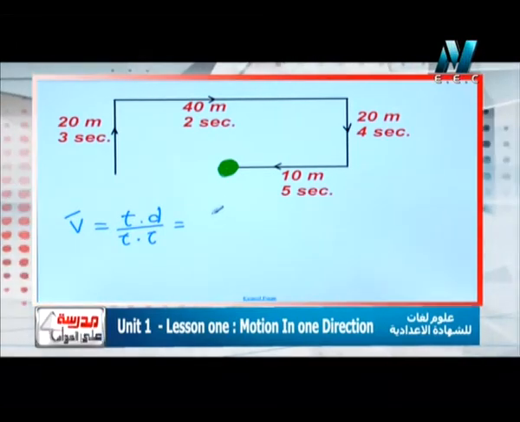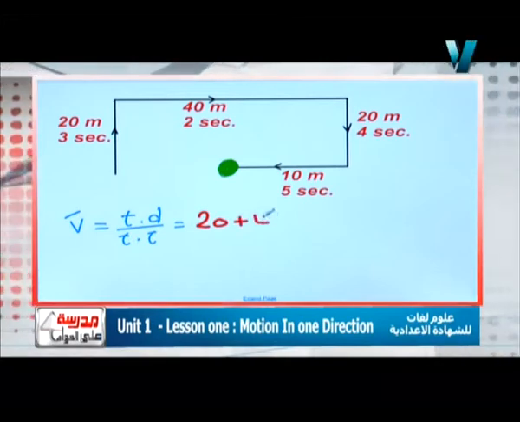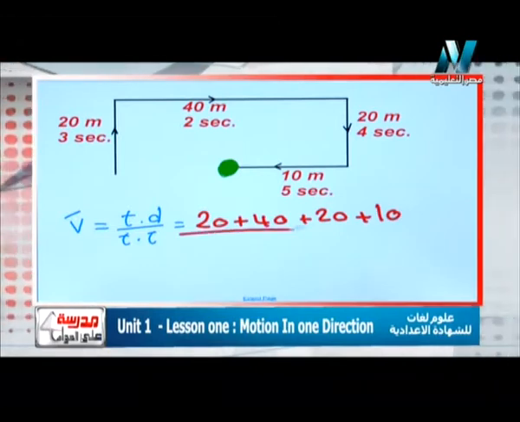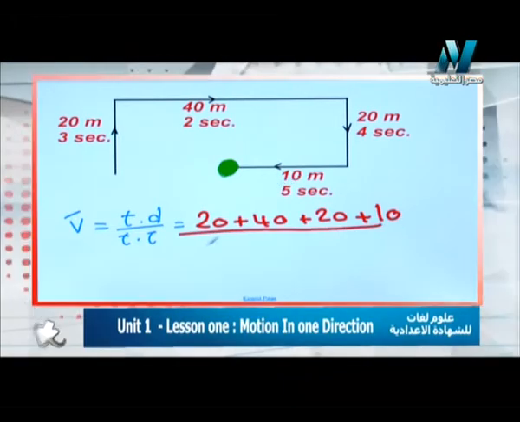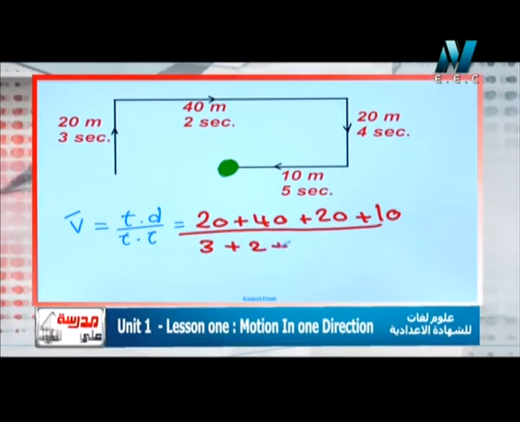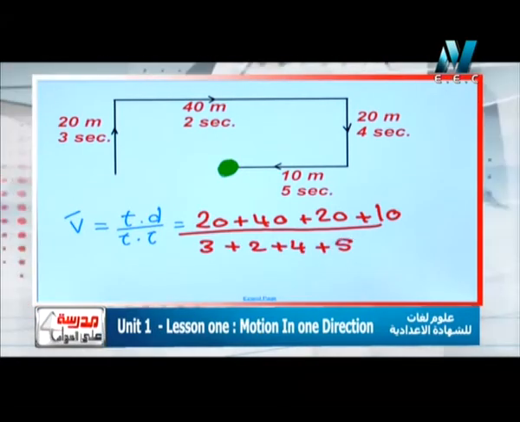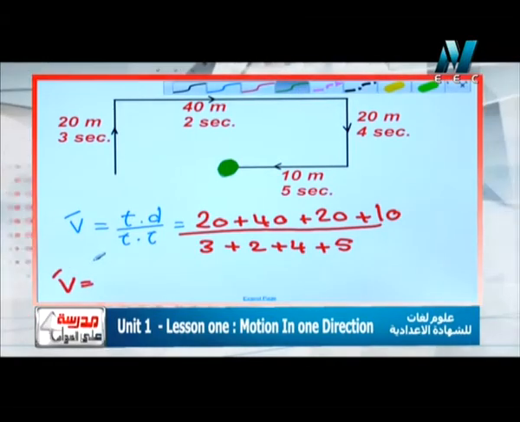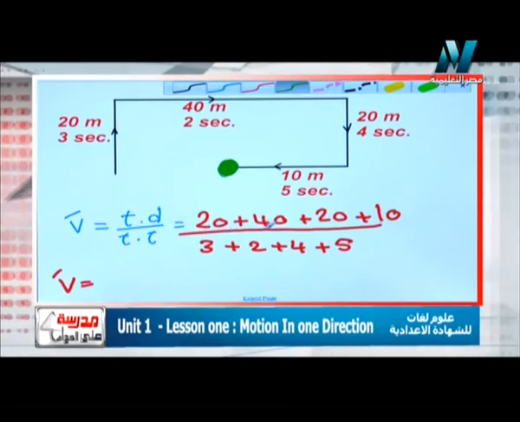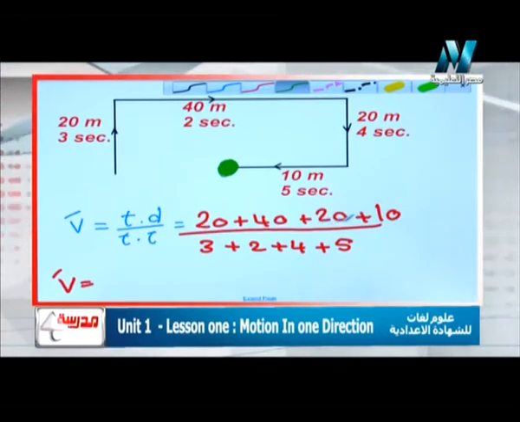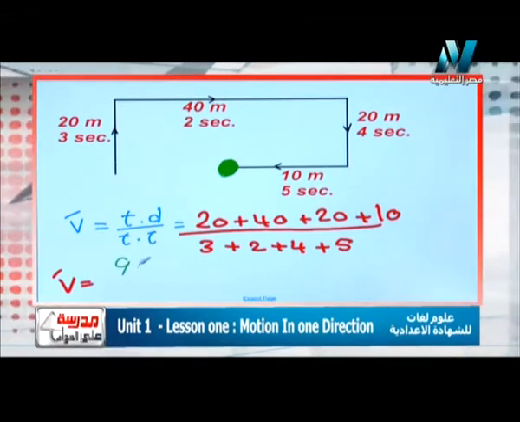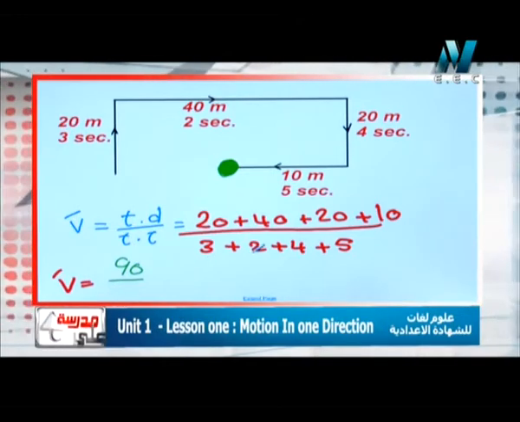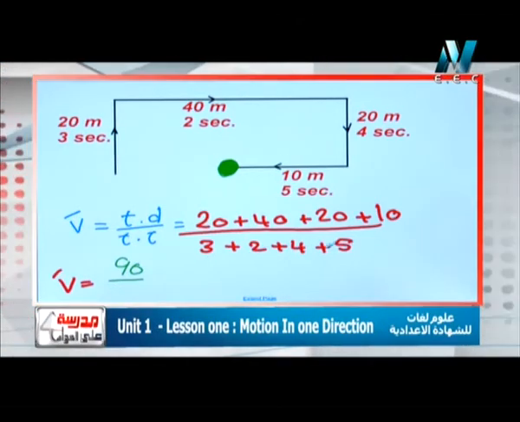اوكي 20 plus 40 plus 20 plus 10 over time 3 plus 2 plus 4 plus 5. So V dash equal, as you see, 20 and 40 here 60, 60 and 20 is 80, and 10 is 90 meters over 3 and 2 is 5, 9, and here 14.